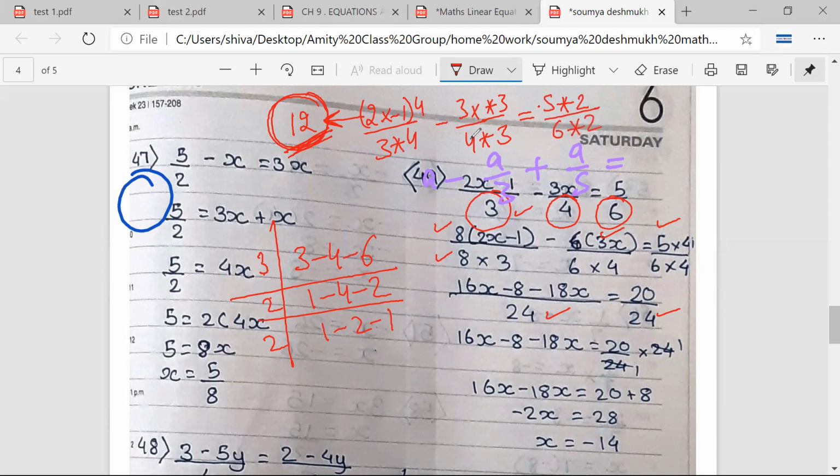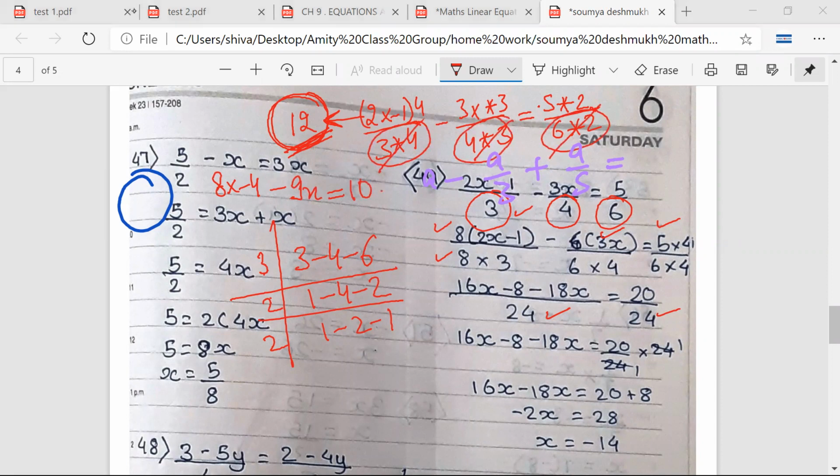Soumya, have you understood? Yes, sir. Why should I do this? Because this will become 8x minus 4 minus 9x is equal to 10. And there is a 12 underneath all the numbers which will get cancelled. Don't you understand? Yes, sir. Is there confusion?